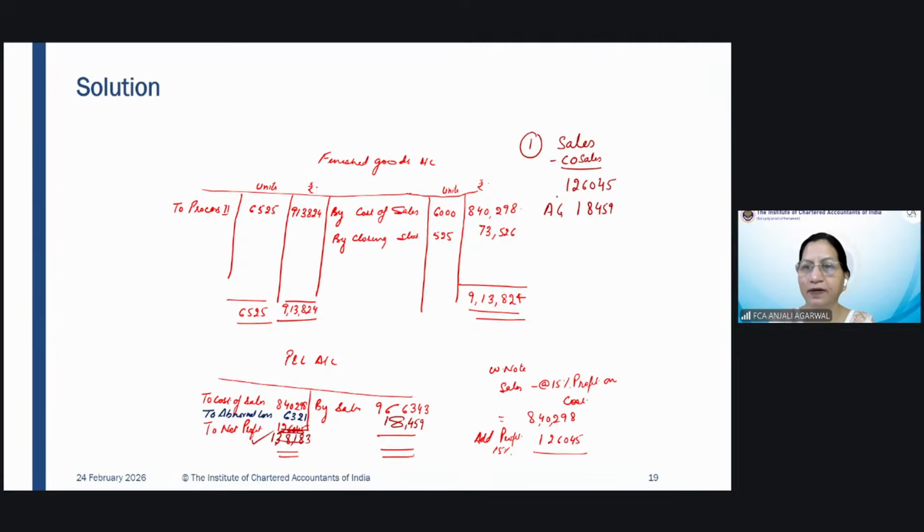This is also to be added. So your total profit should be this 144,604. However, there was an abnormal loss of 6,321 that will be deducted. So your true profit will be 138,183. The balancing figure is right.